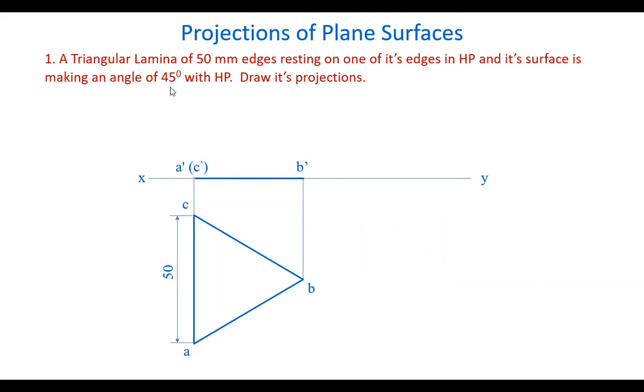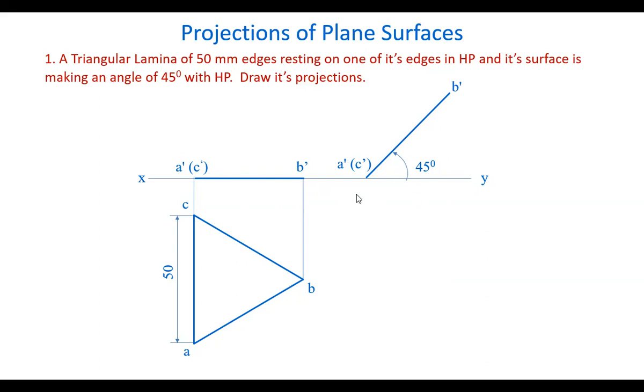How much? 45. So we draw a line here at 45 degrees, and mark the same length here, right? Whatever the length is, the same length is marked here, and there is absolutely no change in the front view, the points and everything, but only at an angle, that's all.